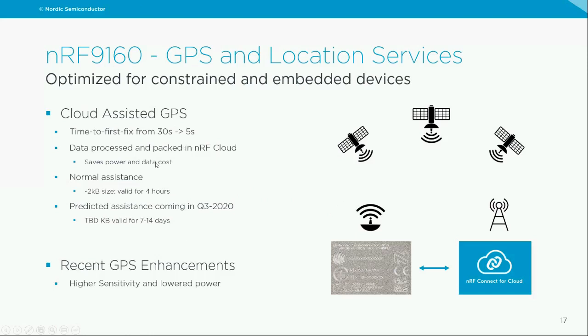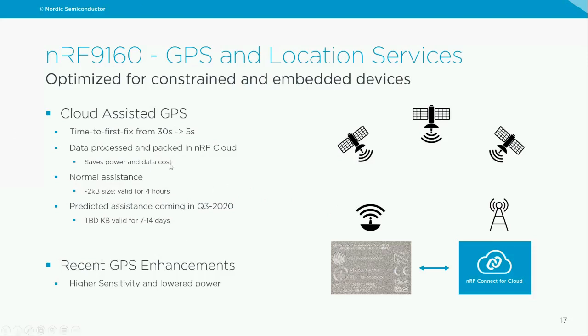And when you download the assistance data from nRF Cloud, we have processed and packed those data inside nRF Cloud so that you minimize both the power and the data cost for downloading data. So the normal assistance data that you download from nRF Cloud is around 2 kilobytes in size and valid for 4 hours, similar to as when using the standard SUPL protocol that is commonly used today and really optimized for higher power and more powerful devices such as cell phones.